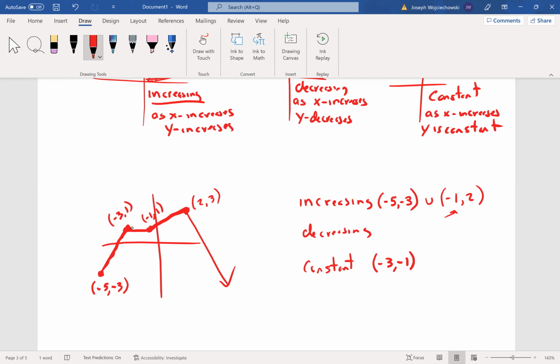And then from 2 all the way to infinity, I'm decreasing. Now, typically, we use parentheses because you don't include the endpoints, because at an individual point, it's not doing anything. It's not increasing, decreasing, or anything.